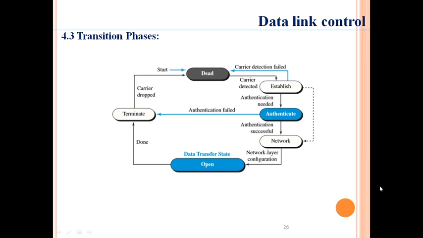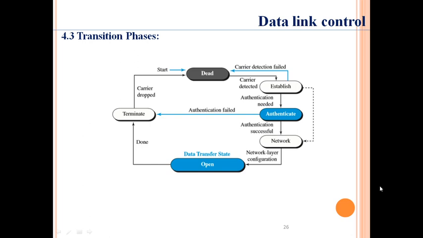In this state, there is no active carrier and the line is quiet. When one of the two nodes starts communication, the connection goes into an established state. In this state, the option is open for both nodes to negotiate whether authentication is required or not. At the initial state, they will go for authentication. Otherwise, they will start direct communication.